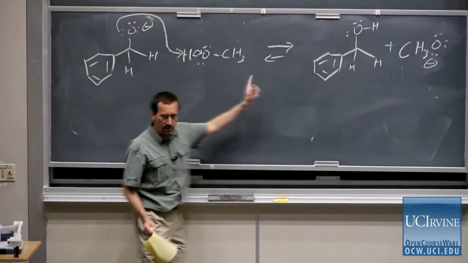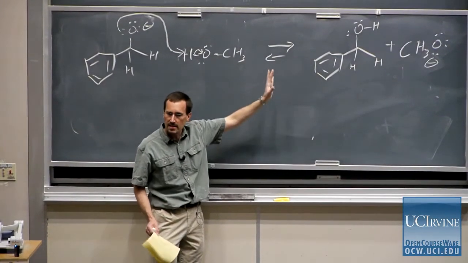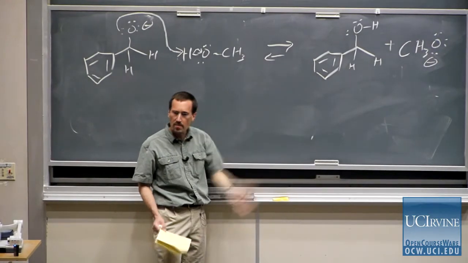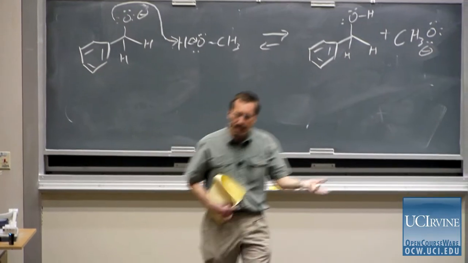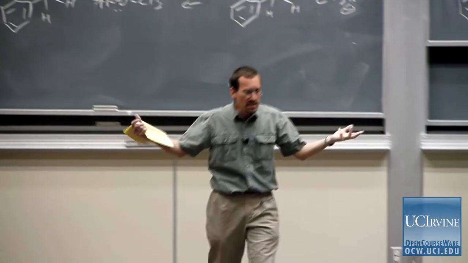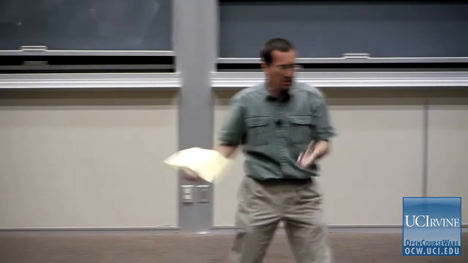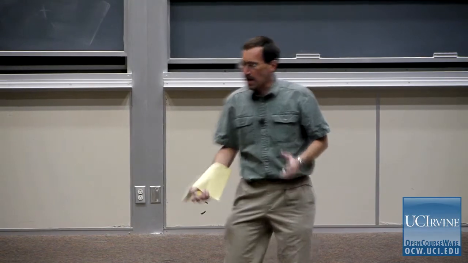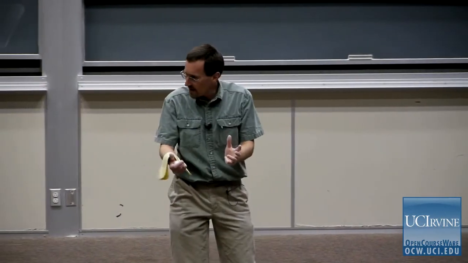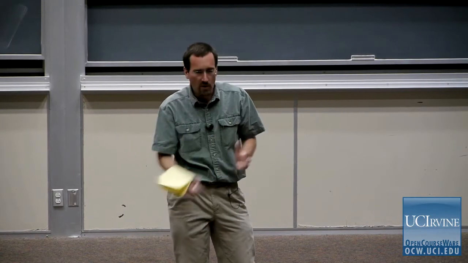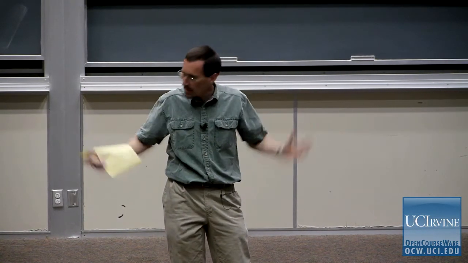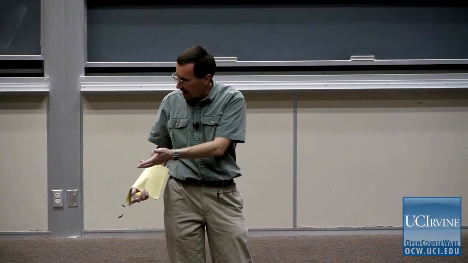In this particular case, it's okay that it's an equilibrium. But remember I was talking about pKa last time, and I said the thing that we really want to focus on as organic chemists is, does an equilibrium lie way to the left, way to the right, kind of in the middle, or maybe a little more to the left or a little more to the right. That's how we think about things. And you're right, this equilibrium lies kind of in the middle.